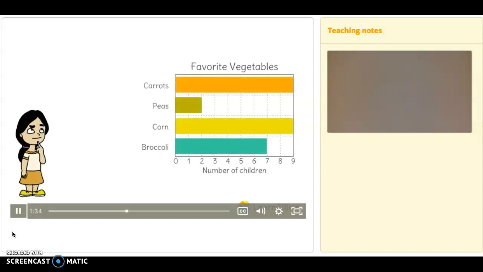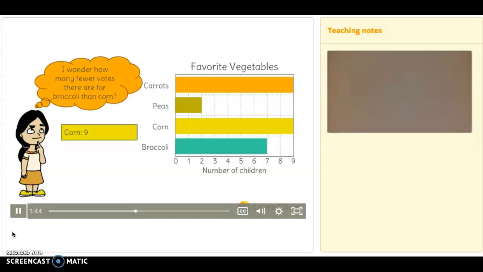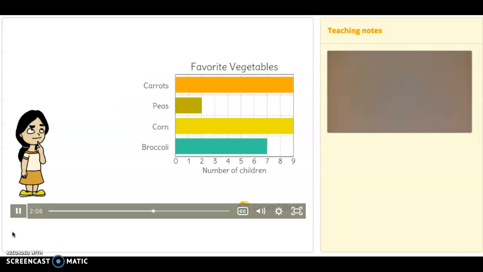Sam is wondering, how many fewer votes were there for broccoli than corn? Well, Sam is thinking, corn has 9 votes. Broccoli has 7. What's the difference? How many fewer? We can count on the graph from 9 to 7. 1, 2. There are 2 fewer votes for broccoli. Sam also wondered how many more votes there were for carrots than peas.